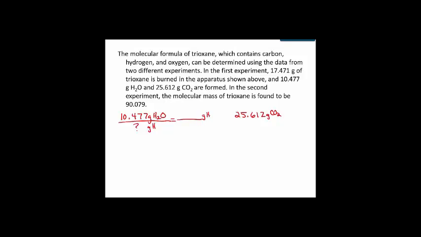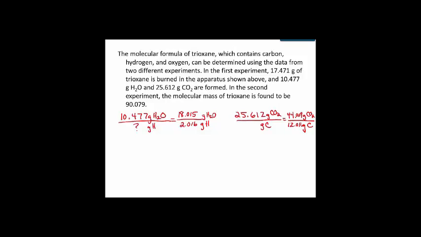The molar mass of water, and there are 2 hydrogens, so that would be 2.016. And the same thing over here, ratio grams of CO2 to grams of carbon, so the molar mass 44.009, and there's 1 carbon, so 12.011.